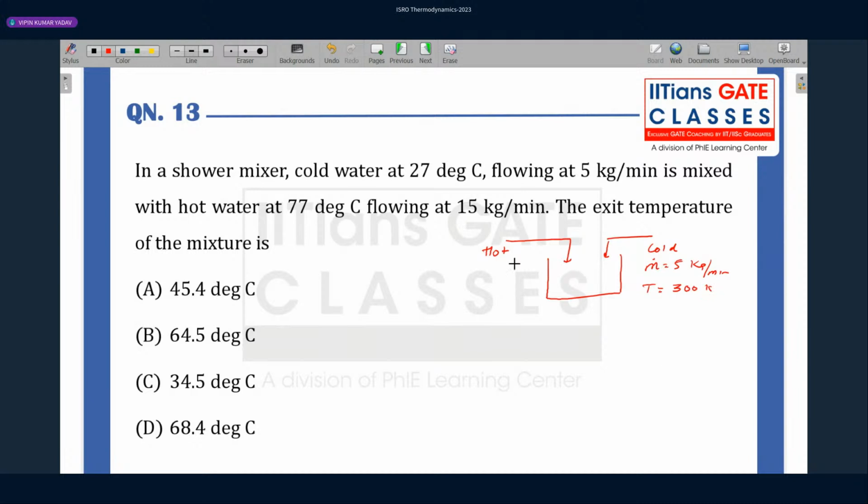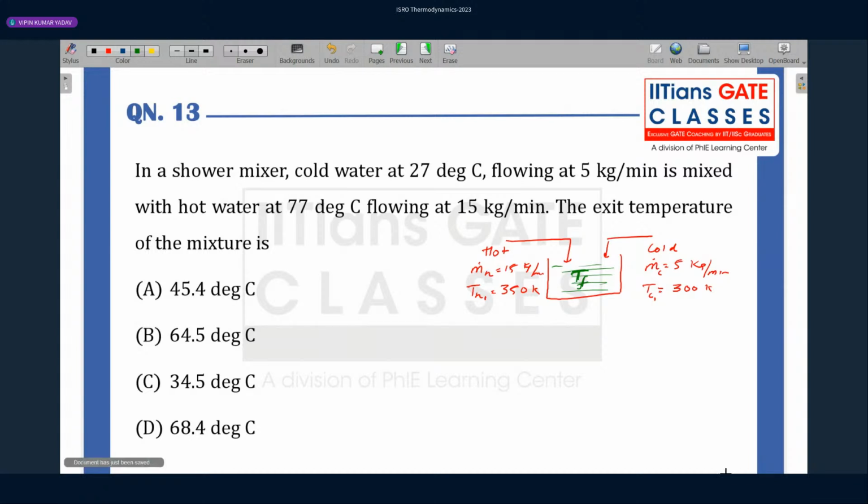It is mixed with hot water, mass flow rate of hot water is 15 kg per minute and temperature T_H is 77 degrees Celsius, so 350 Kelvin. Here they are going to mix together, and eventually they will reach a final temperature. You need to find out the final temperature.